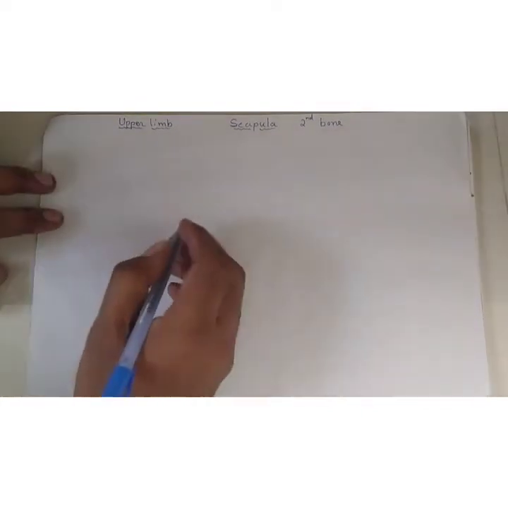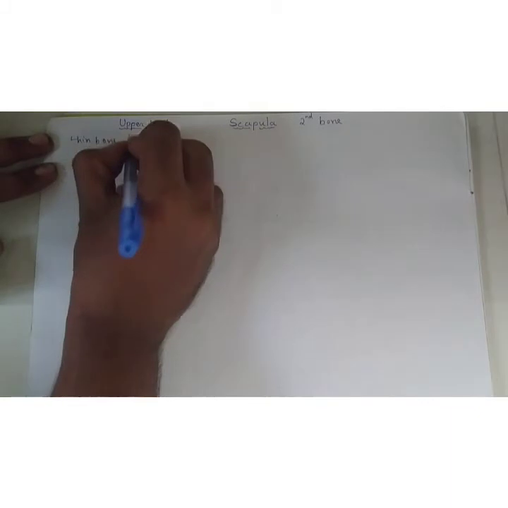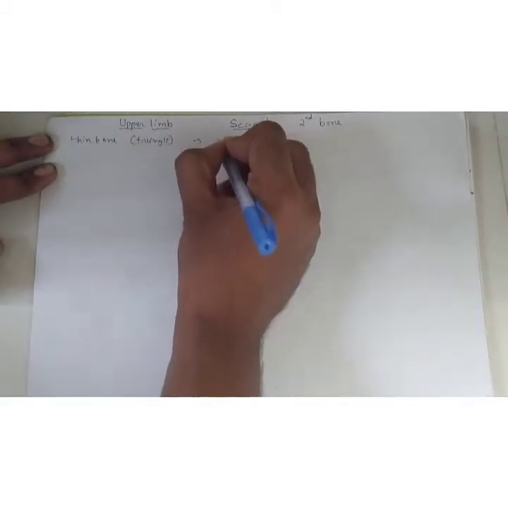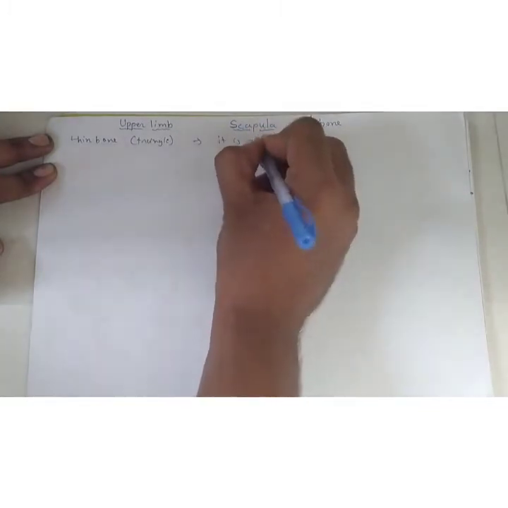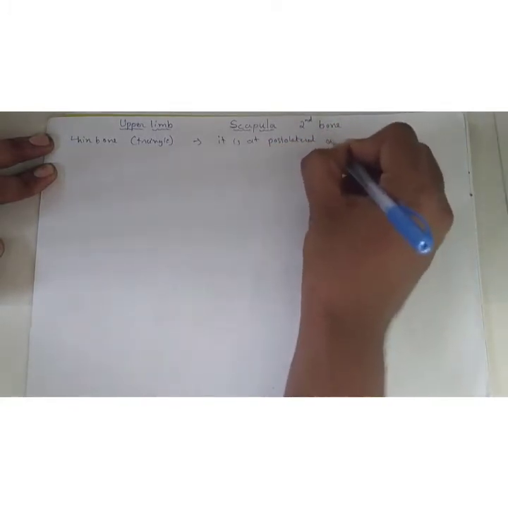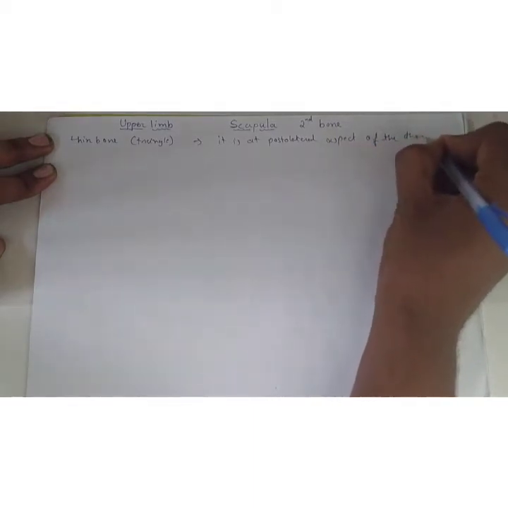Scapula. It is a thin bone, probably triangular in shape, and it lies at the posterolateral aspect of the thoracic cage.